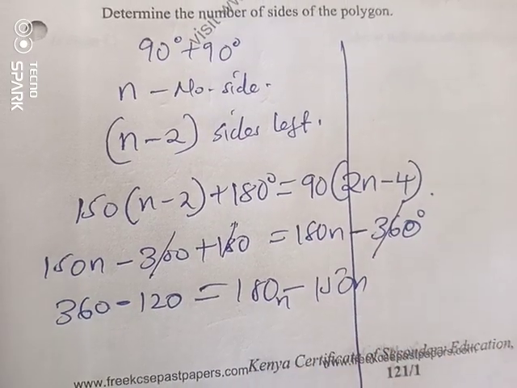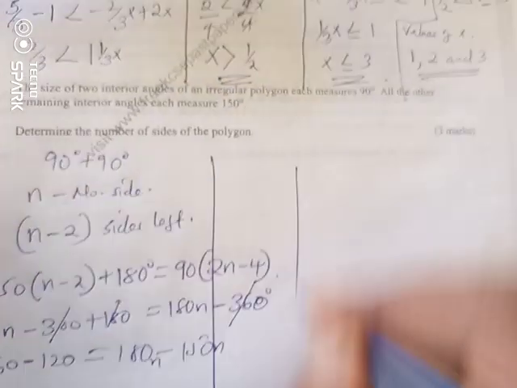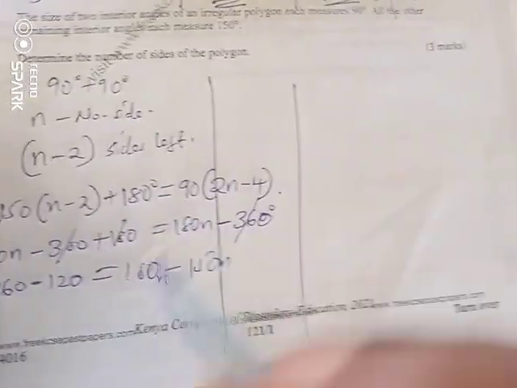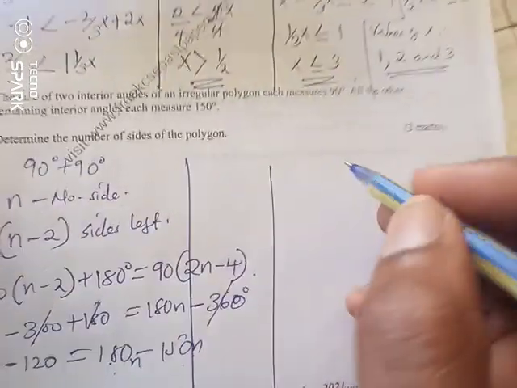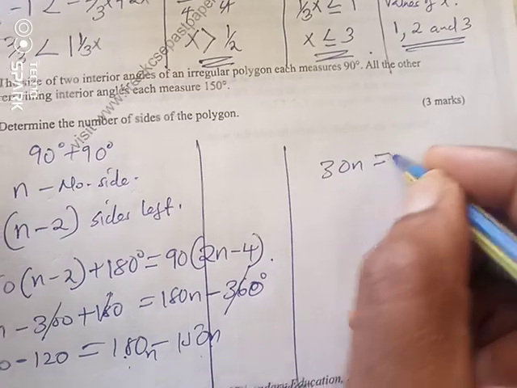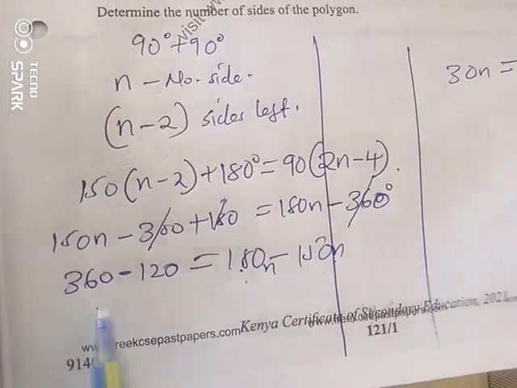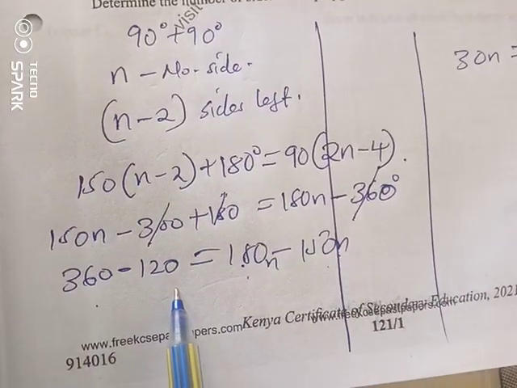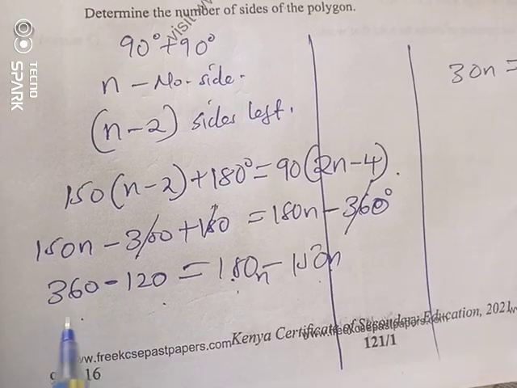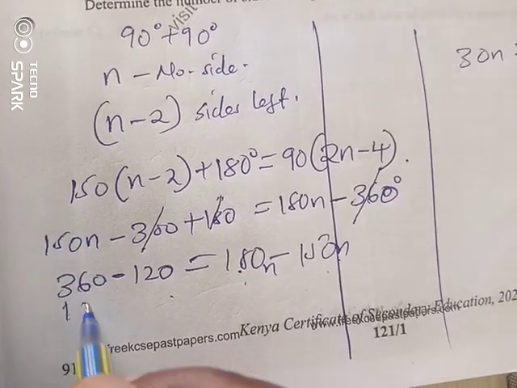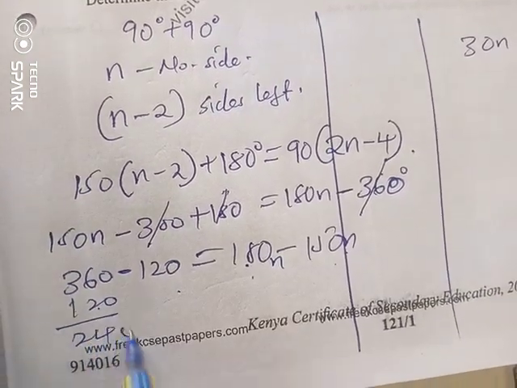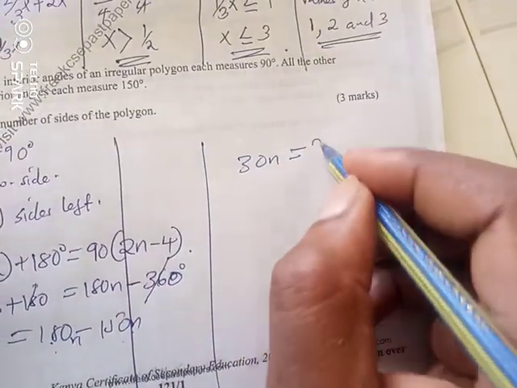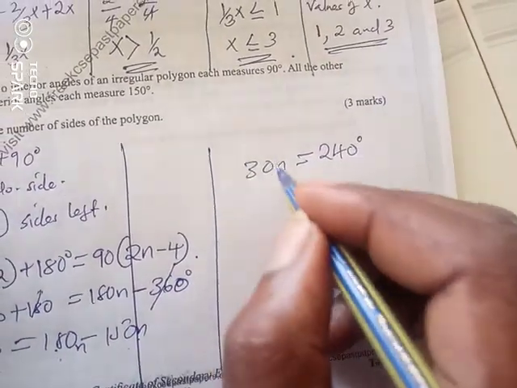They are n's, remember. So on this side, we shall remain with 30n, having this side remaining with, let me see, 120 plus 120, that is 240 degrees. So we shall remain with 240 degrees.